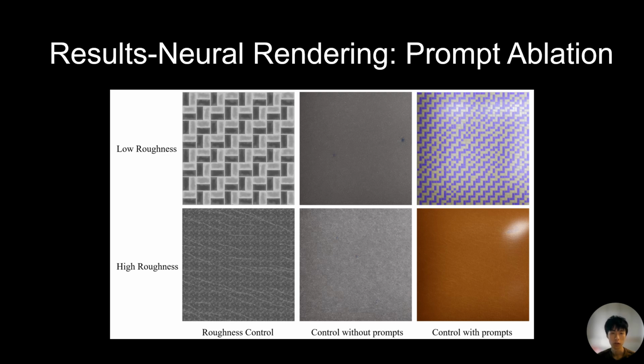However, after applying a prompt, such as brick tiles or brown leather, into the ControlNet, we can form results with typical features of certain materials. Notice that even if we remove the prompt here in the ablation study, we can still see the ability of ControlNet to enforce the result with given roughness features.